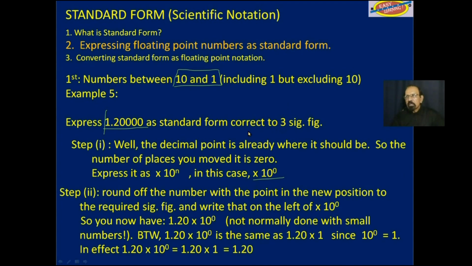That would be 1, 2, 3. So it would be 1.20 times 10 to the 0 power. But 10 to the 0 power is actually 1. So actually, you are writing back 1.20 now instead of 1.20000. So this is not done with small numbers, as I said.